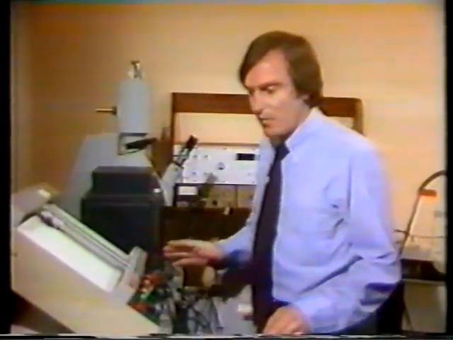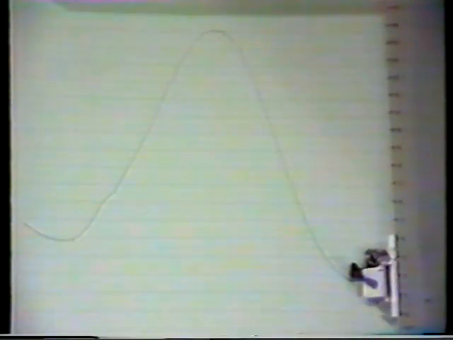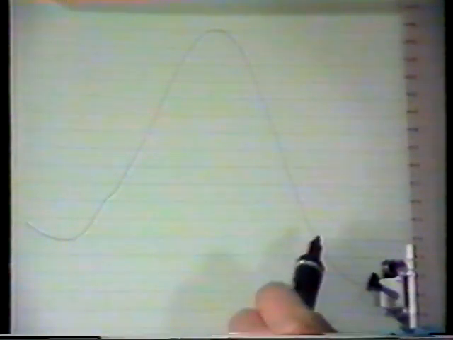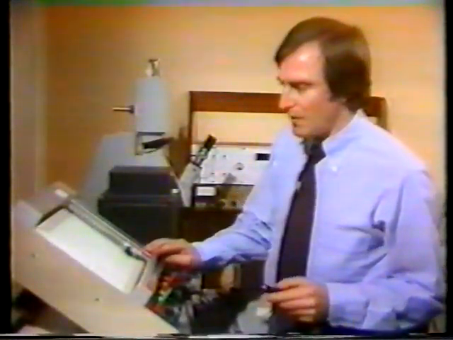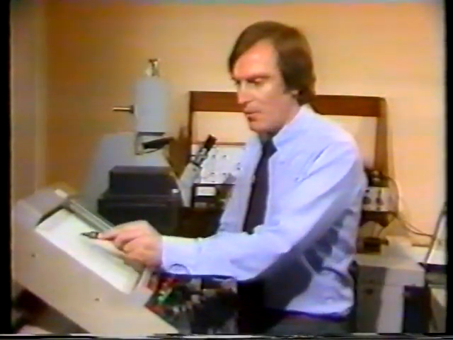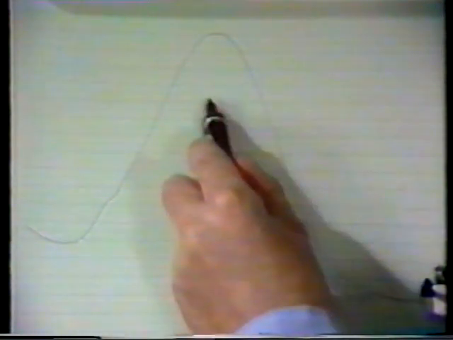The output of the photomultiplier is then displayed on this XY recorder. As the wavelength changes, so the recorder moves this way. So, on the left, we have ultraviolet, then violet, then blue, blue-green, yellow, and over here, red. A characteristic of the visual pigment of the rods, rhodopsin, is that it absorbs maximally in the region of 500, that is, about here.